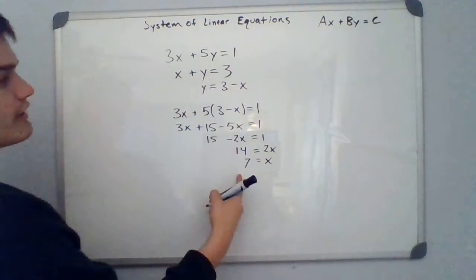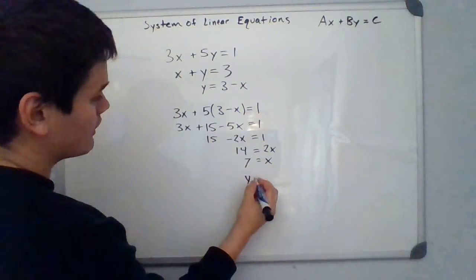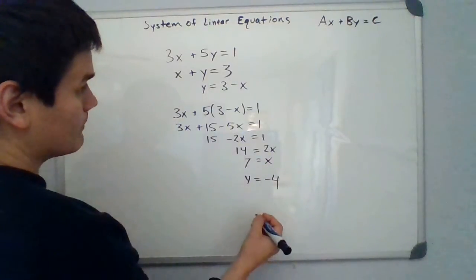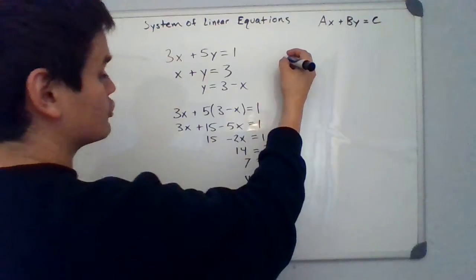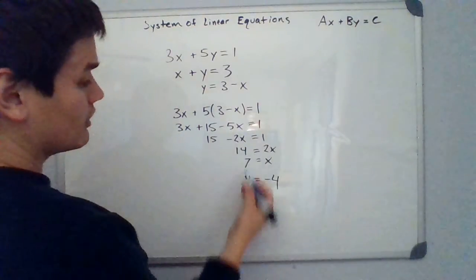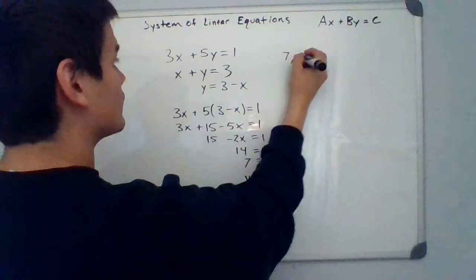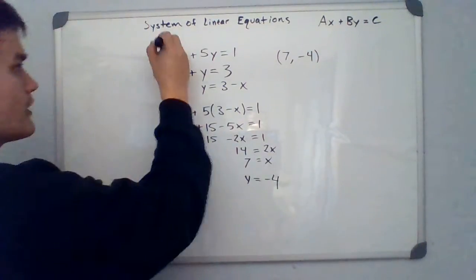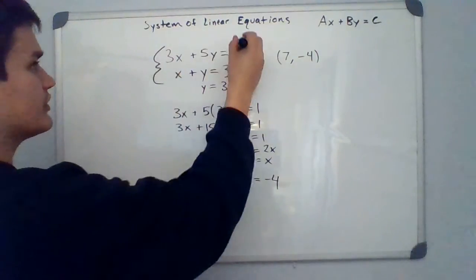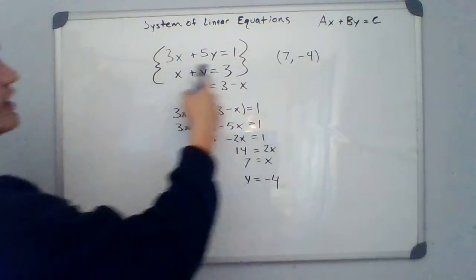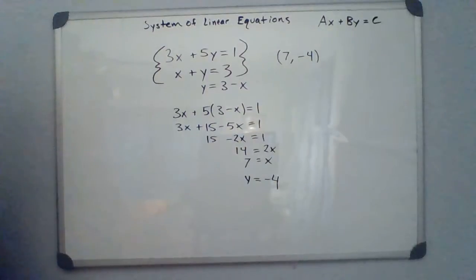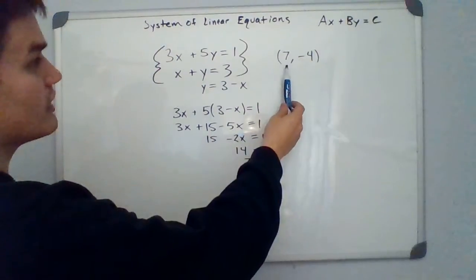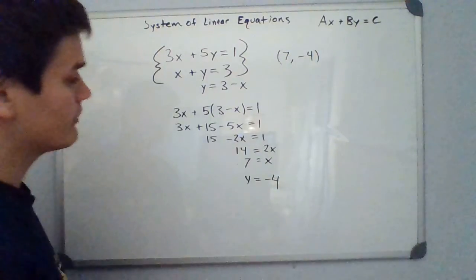If x = 7, then y has to be 3 - 7, or negative 4. So this has a solution at (7, -4). If you saw this written, it means the set of solutions for this system of linear equations, and that set is one single point, the point (7, -4).